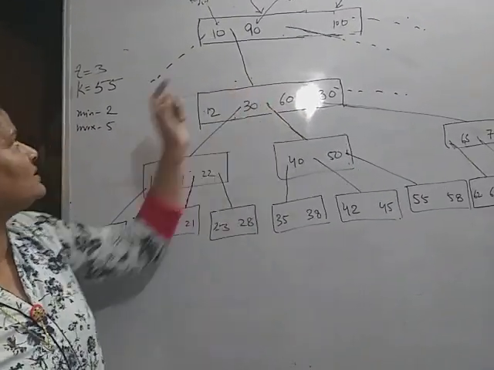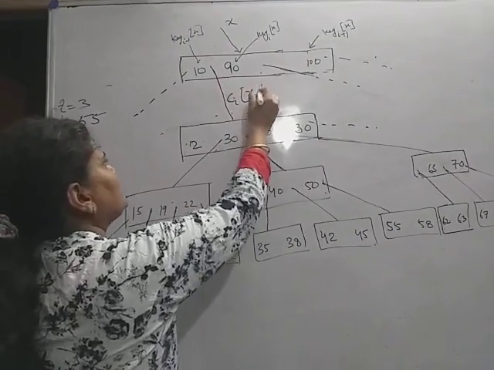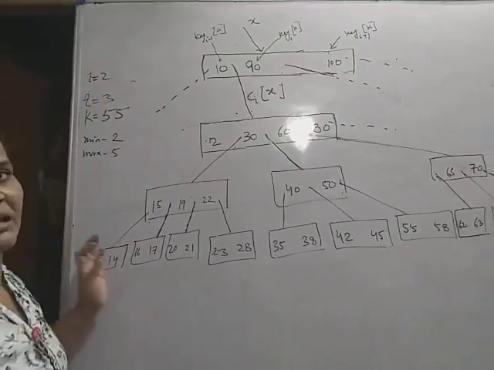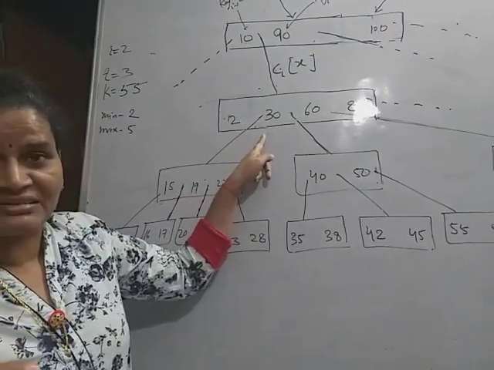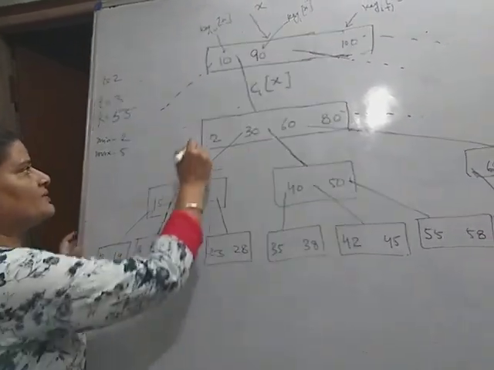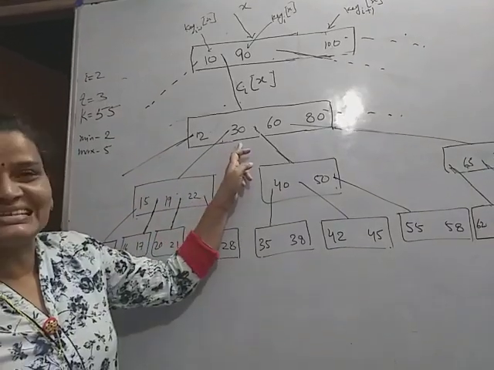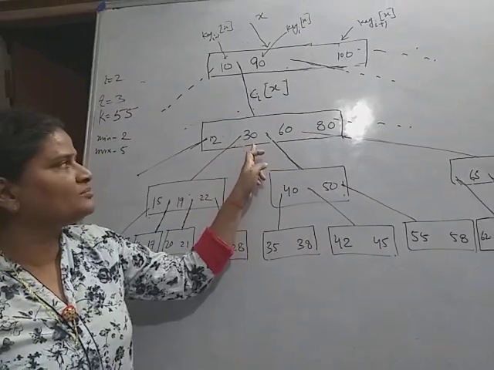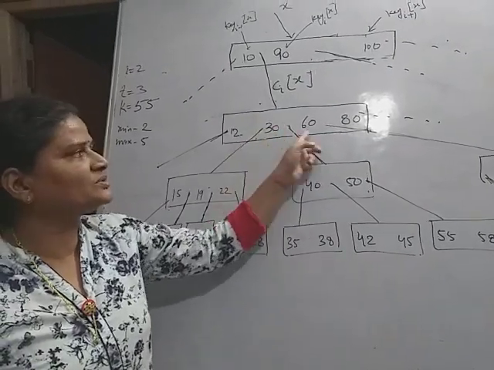The subtree is rooted at c_i[x]. Here c_i, where i is 2. Before recursively calling, we again check the number of keys in c_i[x]. The number of keys in c_i[x] is more than t, just 1, 2, 3, 4.